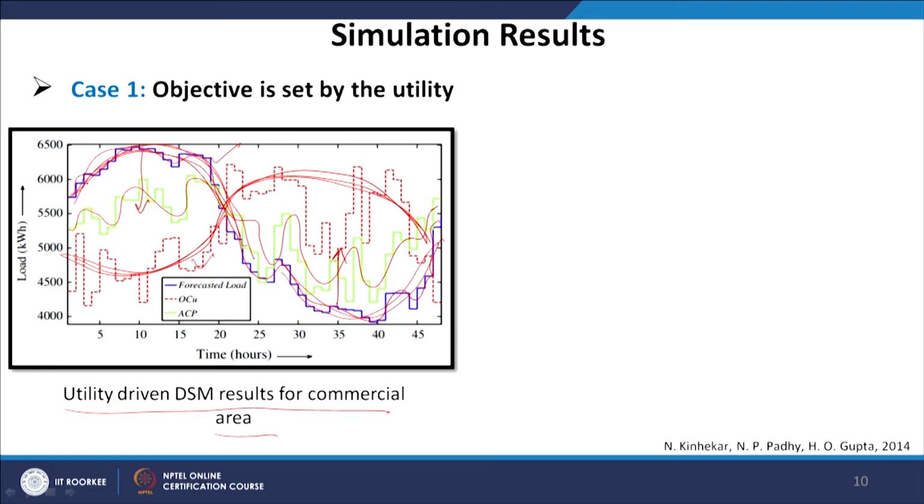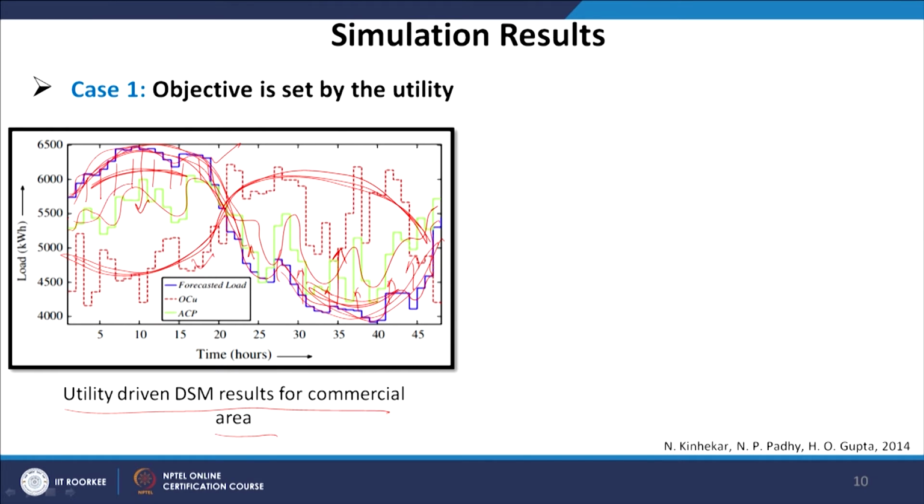And why is it happening? Most of the loads have been shifted from that hour to this hour, so the time of operation of a few devices has been shifted from this zone to this zone.